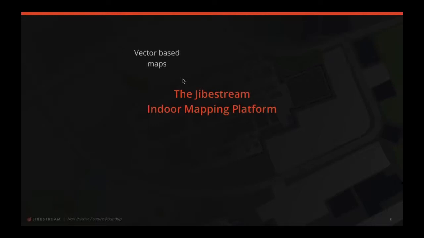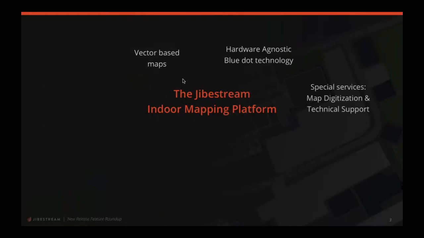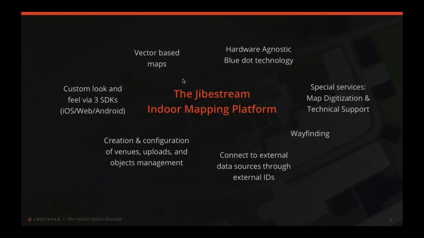Cool. All right, so what is included in the Jibestream platform? We use vector-based maps. We're hardware agnostic, so we can integrate with any Blue Dot technology or real-time location system.